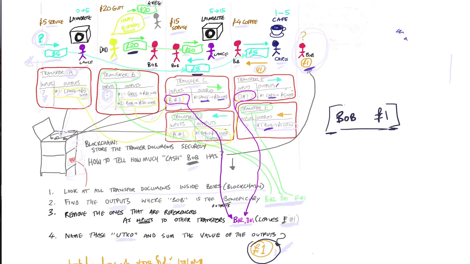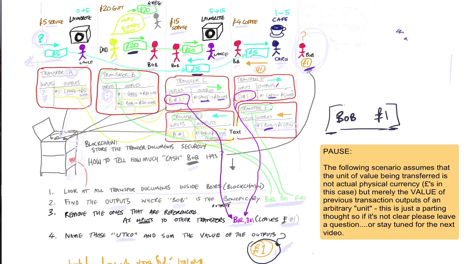I want to just open up the idea of what if there's a way to say, well, as the beneficiary of this transaction here, if there was a way to ensure that Bob, instead of actually handing over a £1 coin, was just able to effectively create a new transaction document and sign that document in a way that only he can.